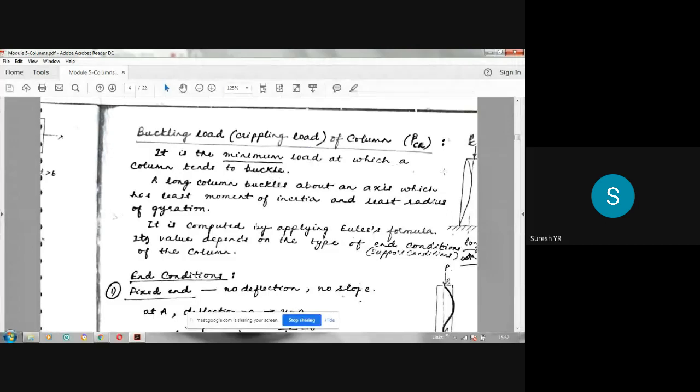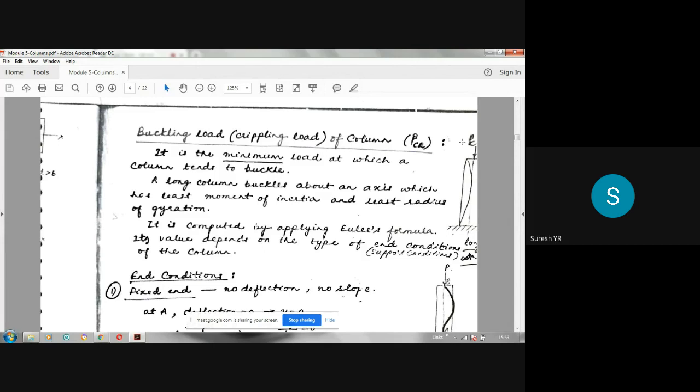That means when you go on increasing the load on a long column, please note that it is a long column. Long columns fail by buckling. Crushing for short column, buckling or crippling for long column.